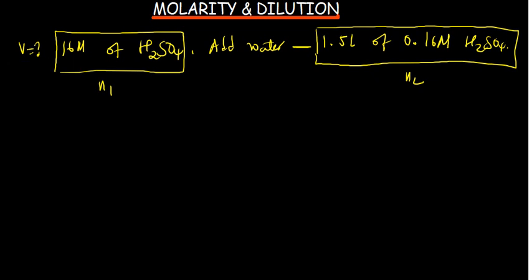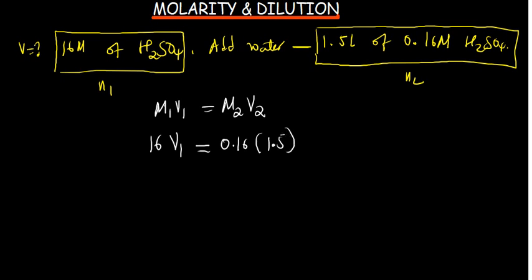So you say from the dilution equation formula, M1 V1 is equal to M2 V2. So M1, that is the first molarity, the one you've been given, 16, times V1. But when you dilute, the molarity becomes 0.16, then the volume is going to be 1.5. Make sure that the units are correlating.